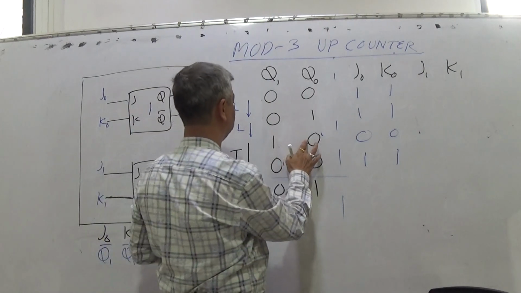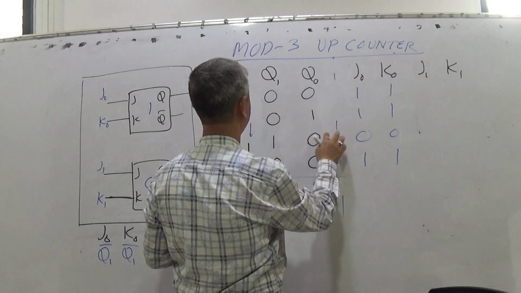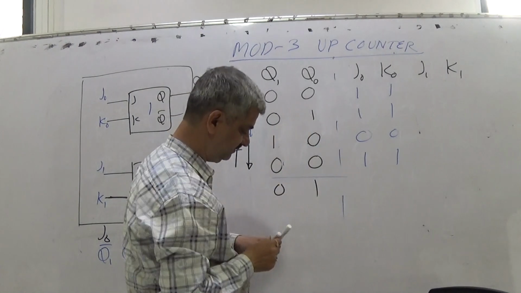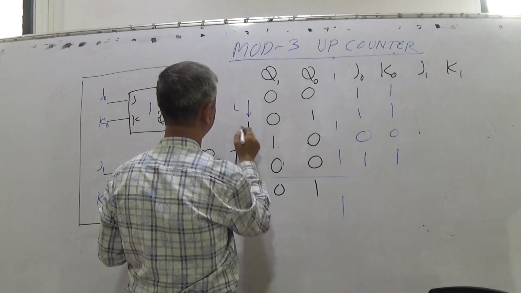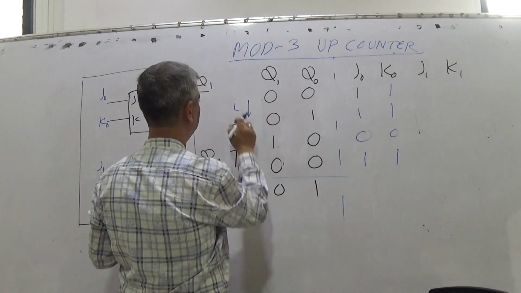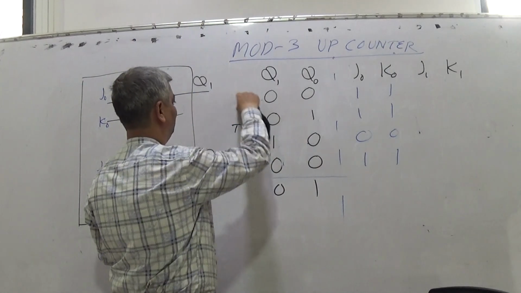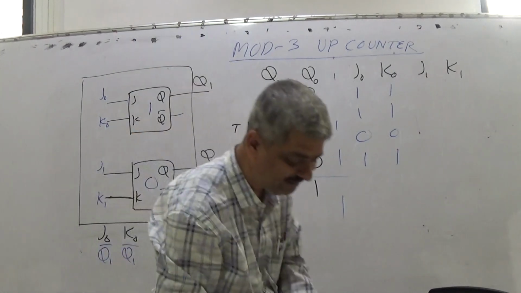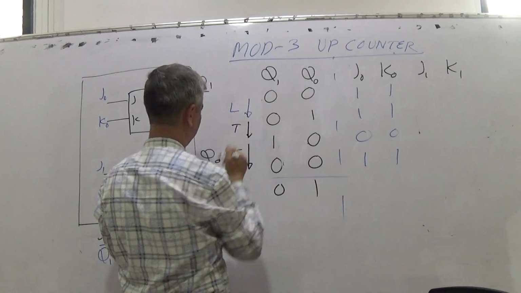So when toggling is taking place, twice toggle, last state. So now when there are twice toggle and one last state, you should focus on the event which is happening less.